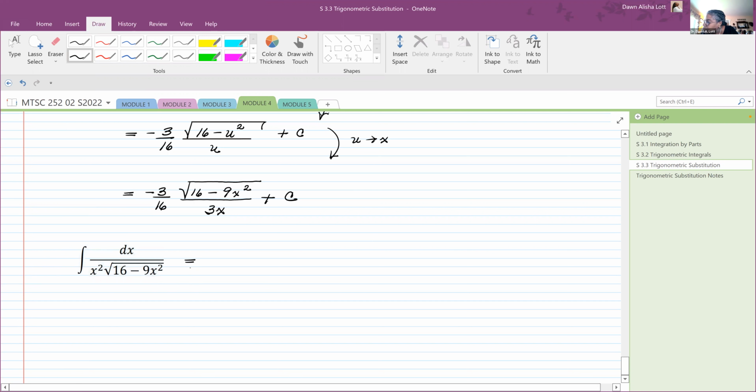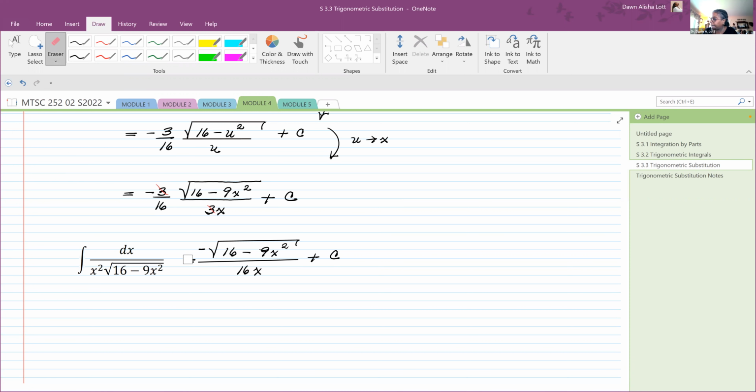It is equal to, the 3's will divide out, and so I get negative the square root of 16 minus 9x squared divided by 16x, plus a constant. And I'm all done.